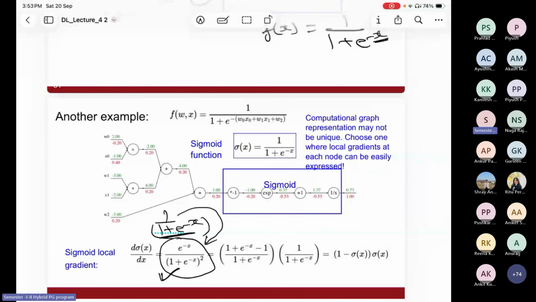Now you can simplify it. So e to the power minus x divided by 1 plus e to the power minus x whole square, I can also write this term in this way. What I'm doing is just adding 1 and subtracting 1. This will remain the same, but I'm putting a few more values there.